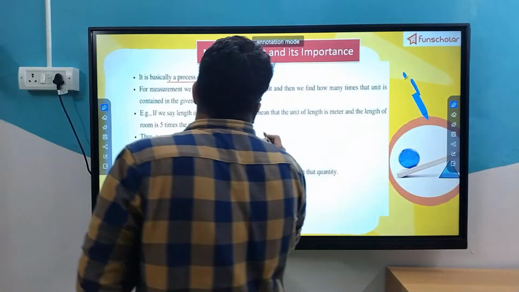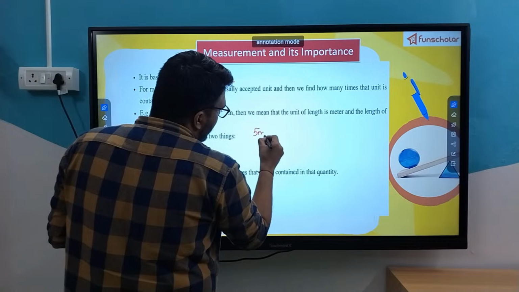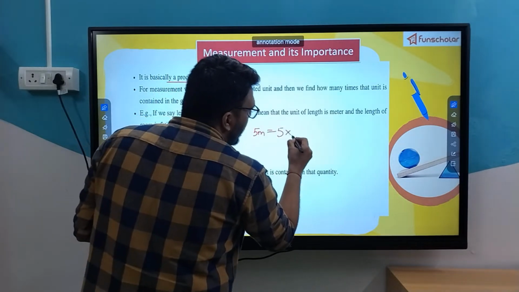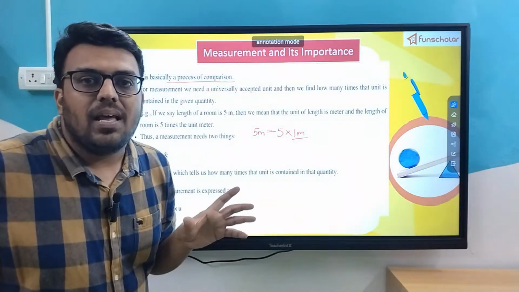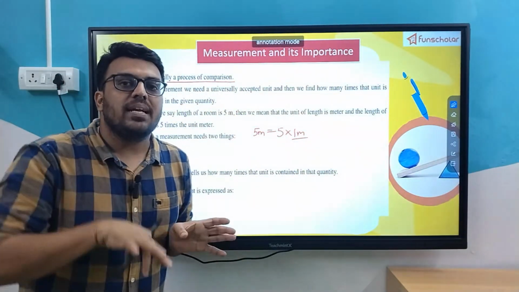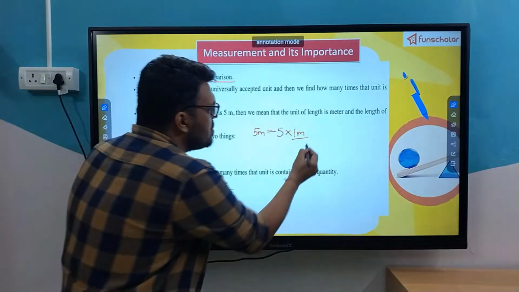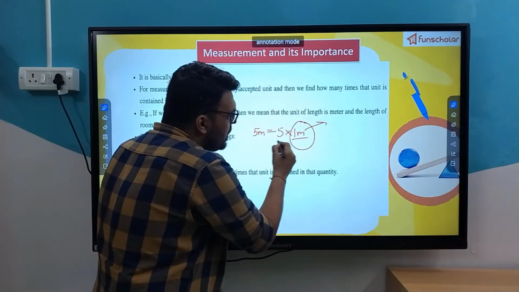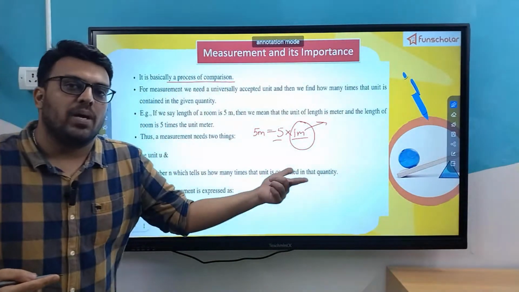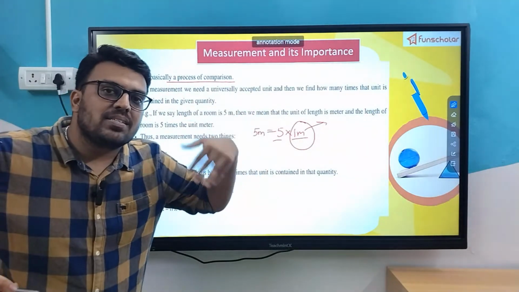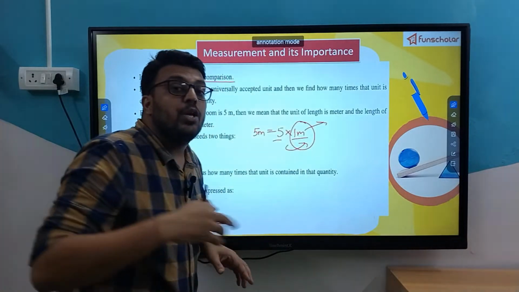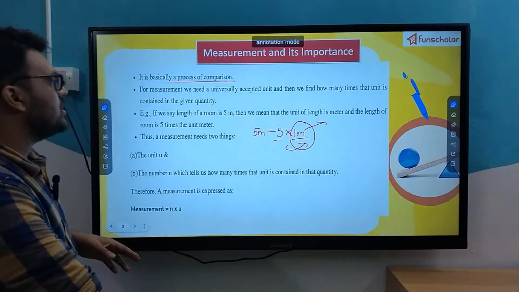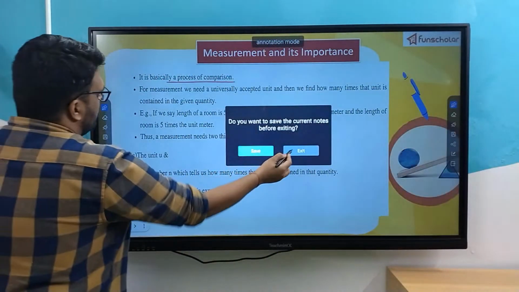So when I am saying that 5 meters, essentially I can also say that 5 times 1 meter, because we know that we have a 1 meter scale. We know that 1 meter has 100 centimeter. So if we know the reference value, the fixed value, all we need to do is to multiply any number. So any that is uncertain is getting compared with the known quantity. So that is the basic of measurement.